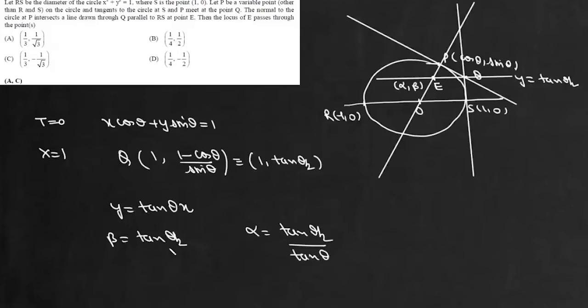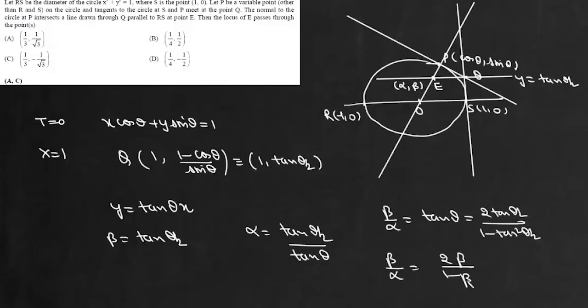Now beta is tan theta by 2, so we can write beta upon alpha as tan theta, and tan theta is 2 tan theta by 2 upon 1 minus tan square theta by 2. Now tan theta by 2 is beta, so we can write this as beta upon alpha equals 2 beta upon 1 minus beta square.